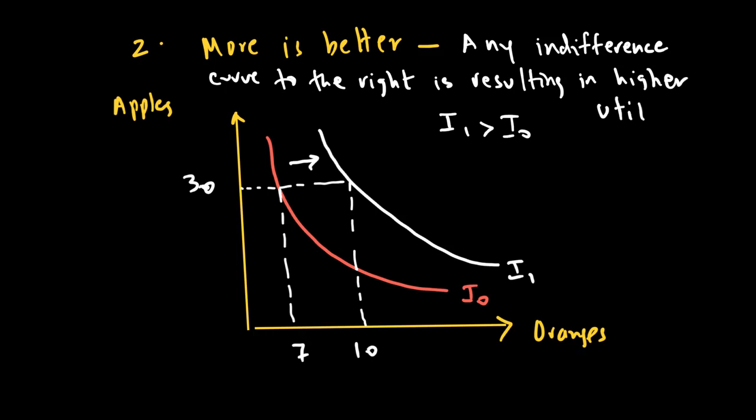And if it is resulting in higher utility, that definitely means that we will prefer any indifference curve to the right over one to the left, because more is better. So for every 30 I'm getting more oranges, and that means I will prefer this combination x over y on any day.